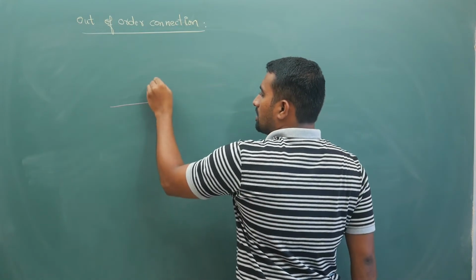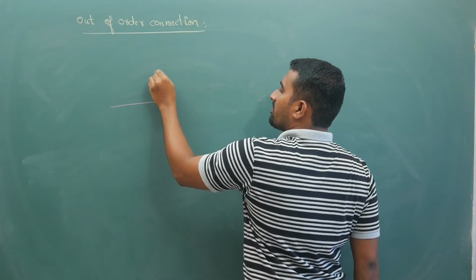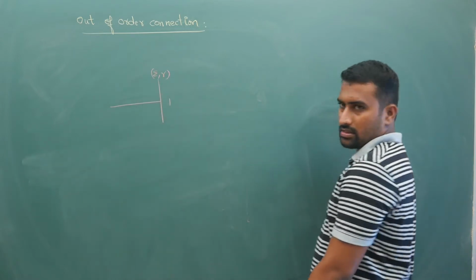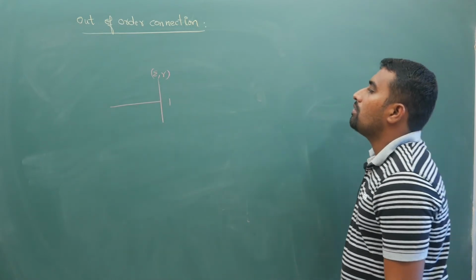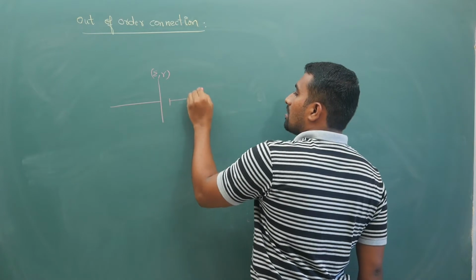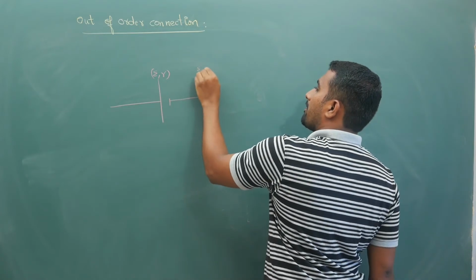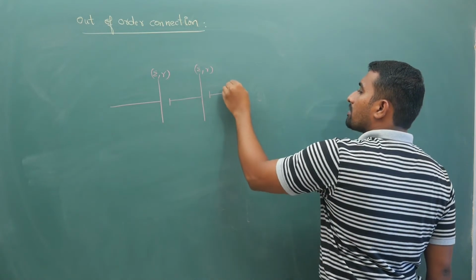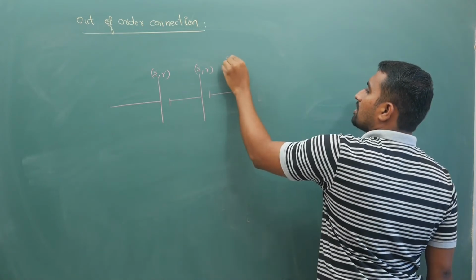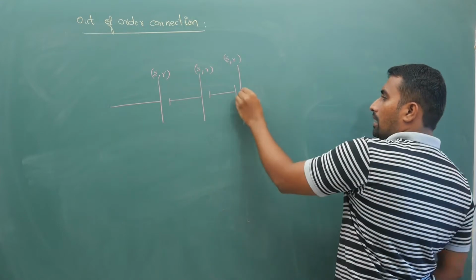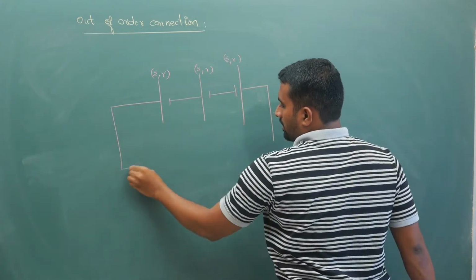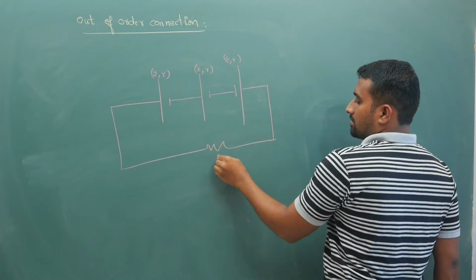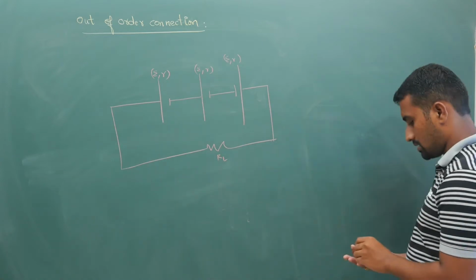For example, you have a cell of EMF E and internal resistance r like this. Observe carefully. Now, for example, you have connected this cell out of order, and you have connected it to a load resistor like this. I am telling you this for clarity's sake.